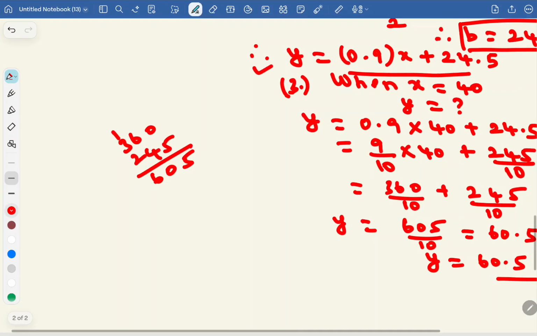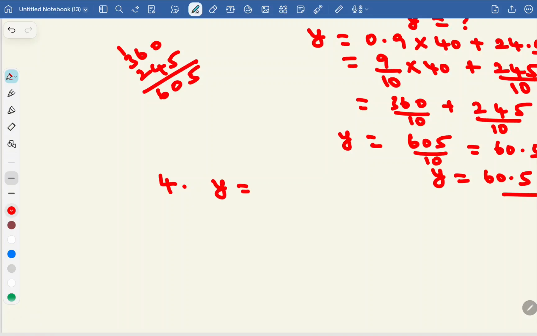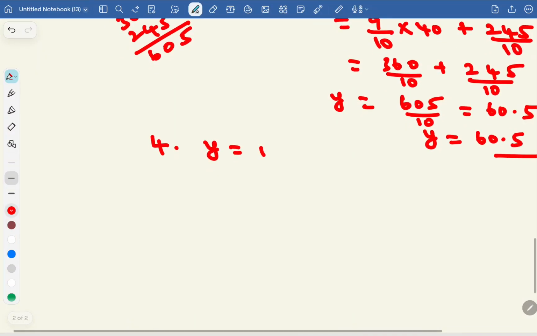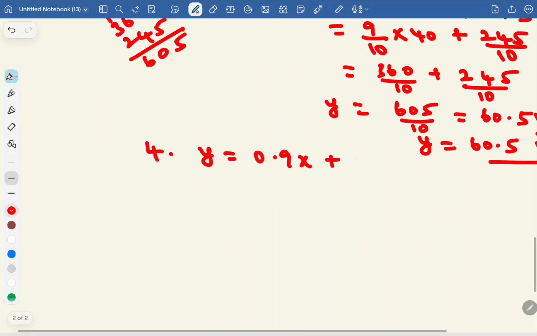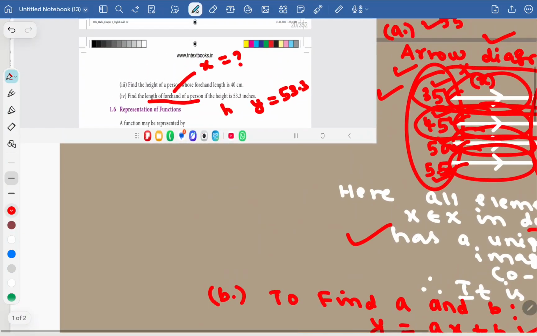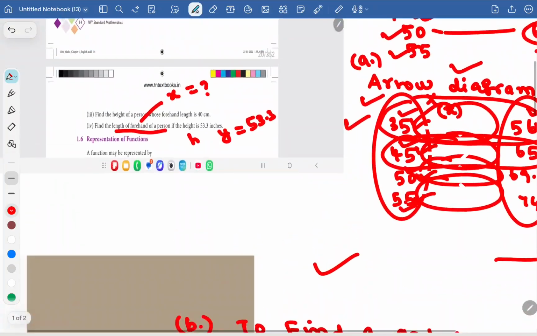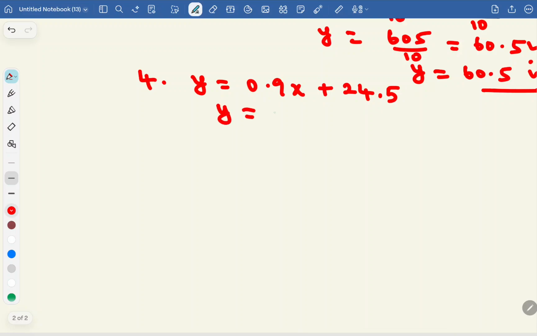Use the same relation for the fourth one. What is y? 0.9x plus 24.5. Here y is given, the y value is 53.3. We have to find x.